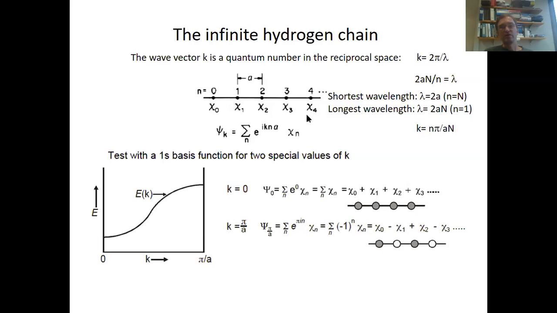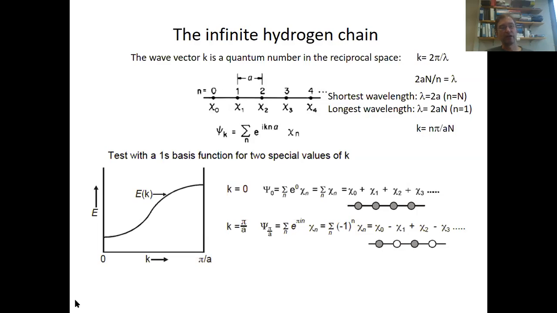So we have seen that we can construct crystal orbitals from the 1s orbitals of the hydrogen atoms using the Bloch function, and we have tested the Bloch function and derived the band diagram for the one-dimensional infinite hydrogen chain.